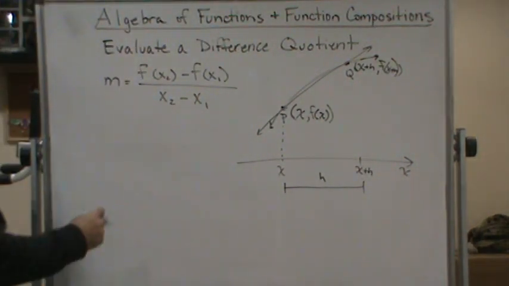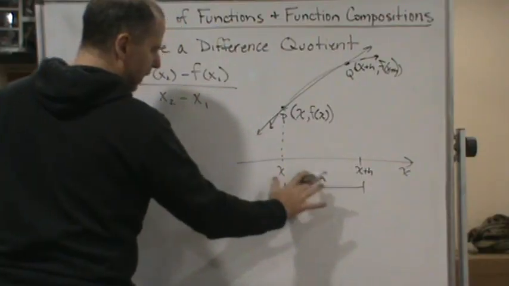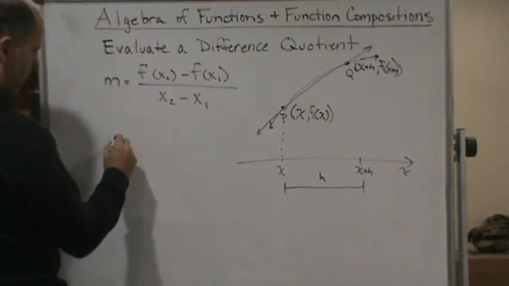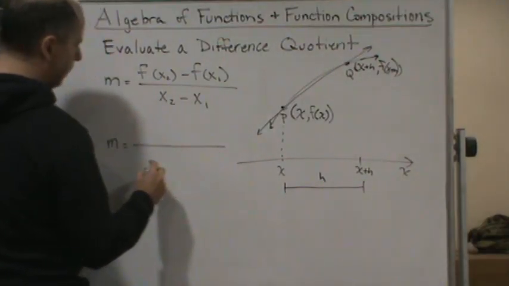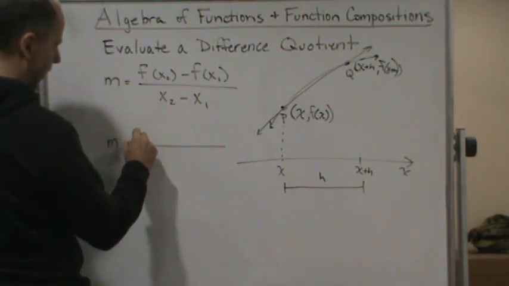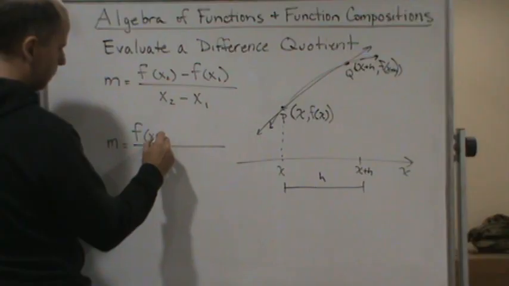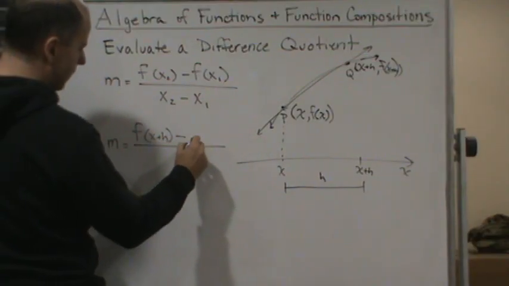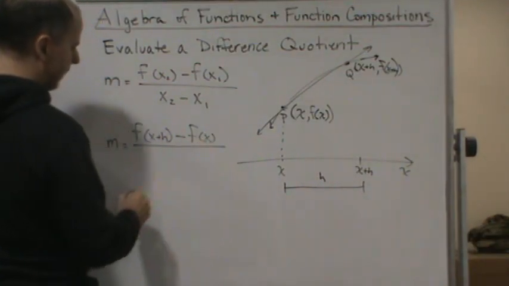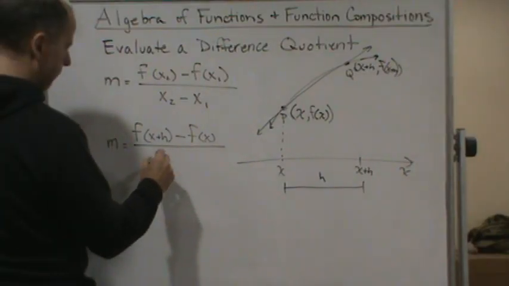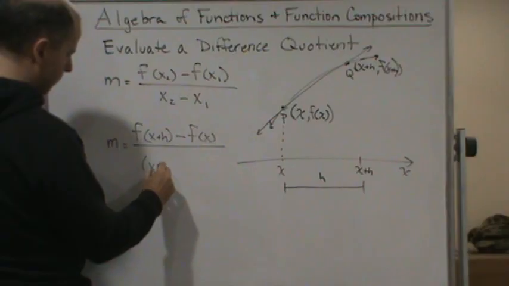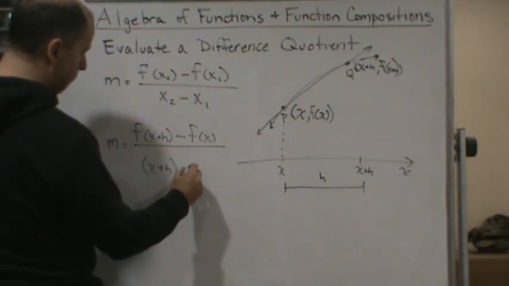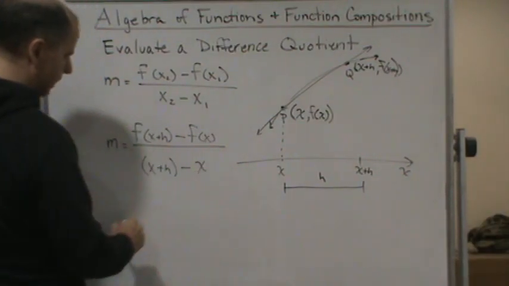And so now if I write it using this notation, then the slope becomes f of x plus h minus f of x divided by x plus h minus x.